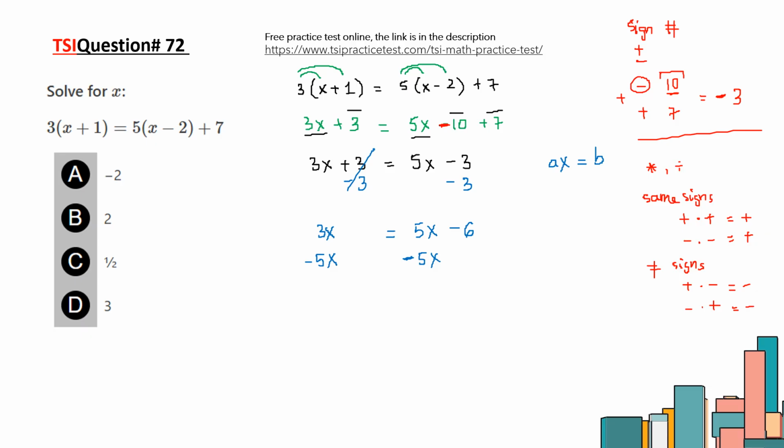Now we cancel this one. The right-hand side is negative 6. The left-hand side is 3x minus 5x. Remember, this one has a letter with it. We're just adding, so we keep the letter the same. It's just like counting the letter, like a unit. Just like 3 candies.